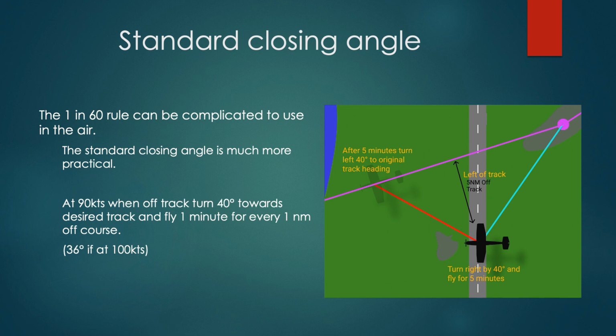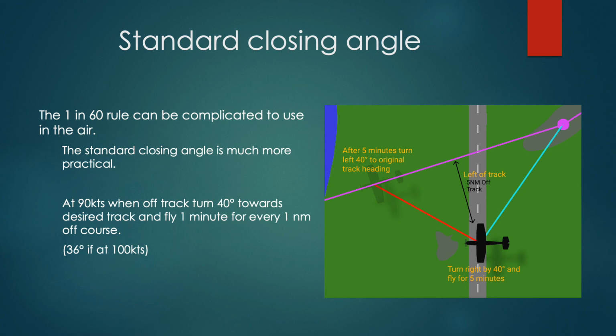And what we need to do is, if we find ourselves off track, so again, if we look at the example on the right, this example says that we're 5 nautical miles off track, so we need to estimate how far off we are. And what we're going to do is turn in the direction towards our desired track by our standard closing angle, and we're going to maintain that new heading for however many miles we are. So if it's 5 nautical miles, we'll maintain that for 5 minutes. If it's 3 nautical miles off track, we'll maintain that for 3 minutes.